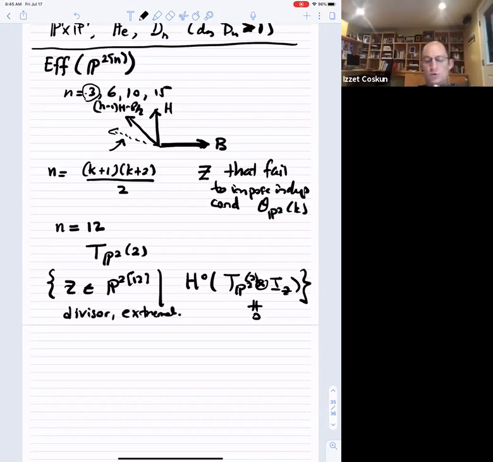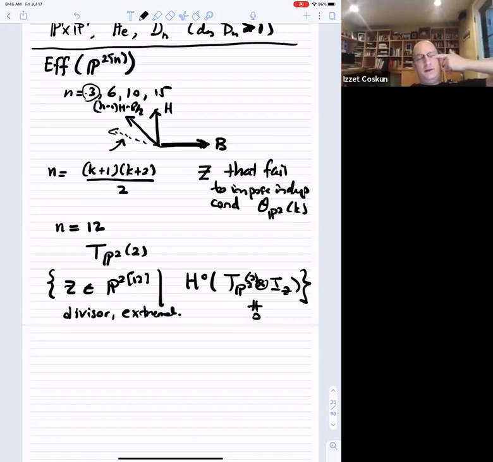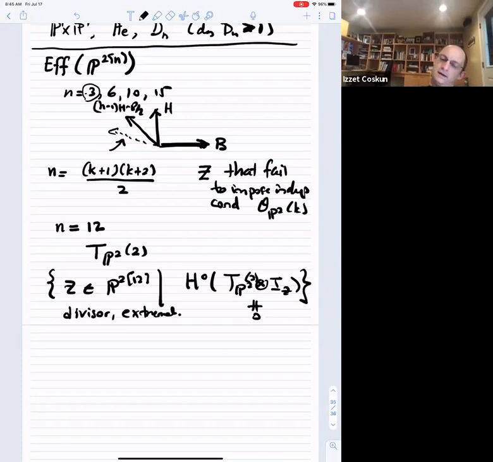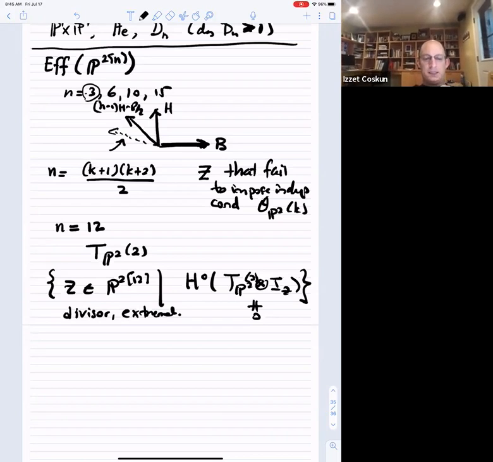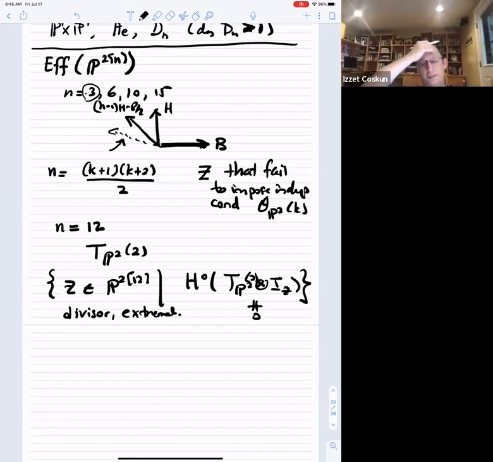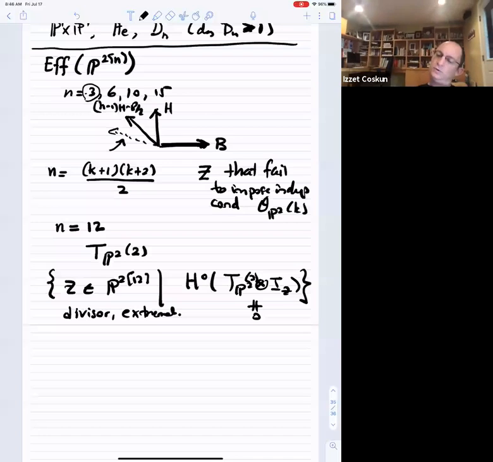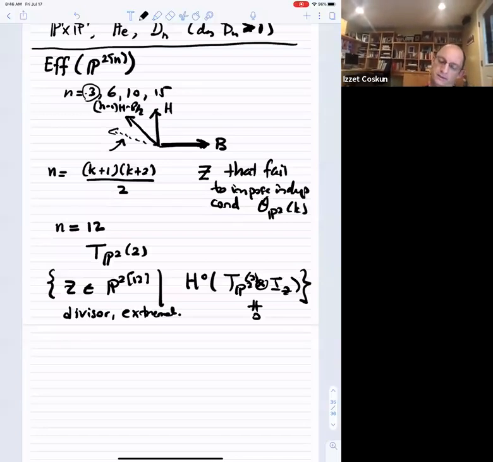Now you see, stuff becomes a little bit harder when you ask about points that fail to impose independent conditions on a line bundle. It's easy to see that that's a divisorial condition, because general points always impose independent conditions on sections of line bundles. Now, it's not so clear if you have a higher rank bundle.